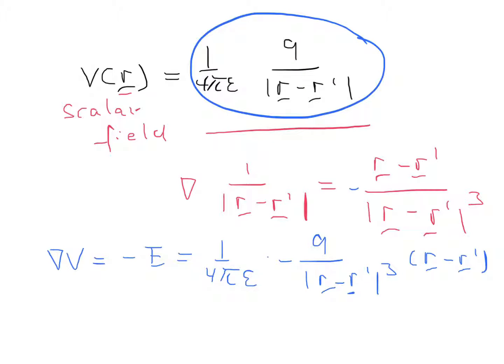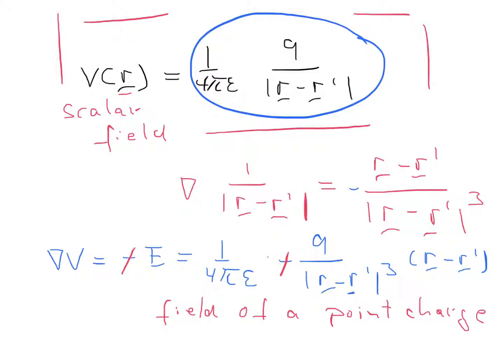And you see that if we now cancel the minus signs on either side, that's indeed the field of a point charge as we know it. So the potential of a point charge and the electric field of a point charge are connected via the gradient operation, and this is indeed the correct mathematical form of the field of a point charge.